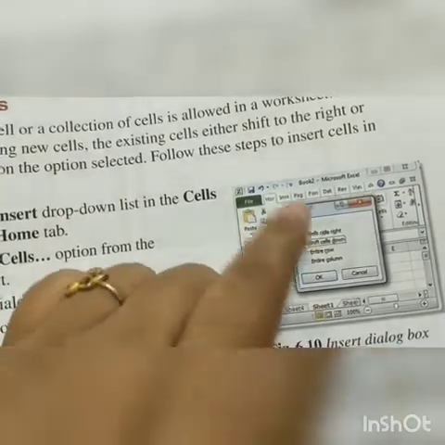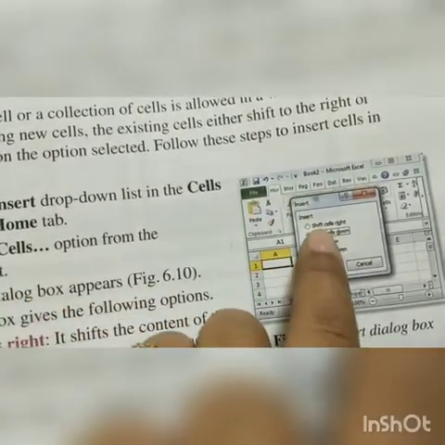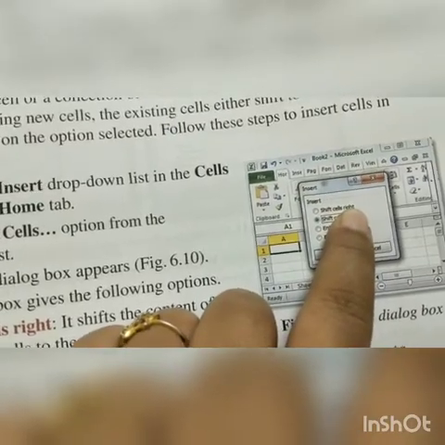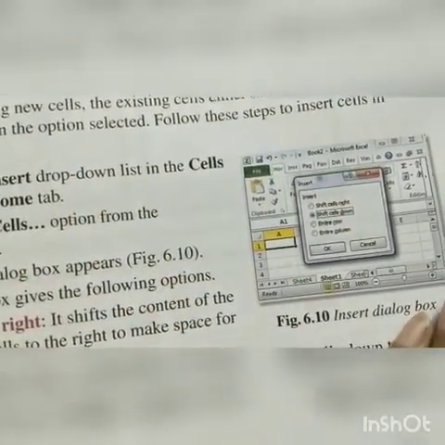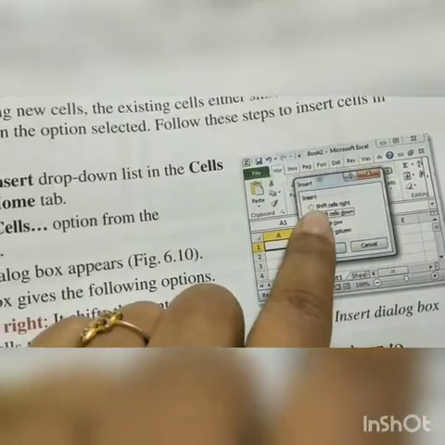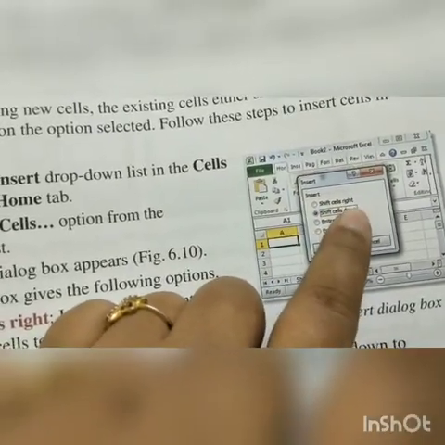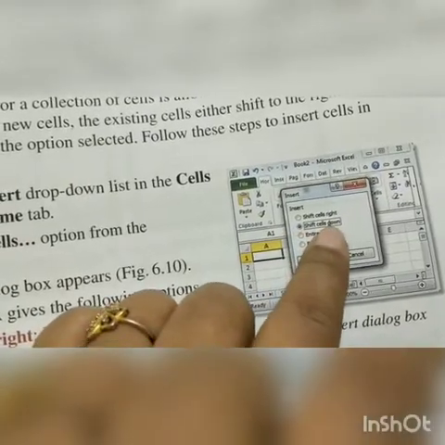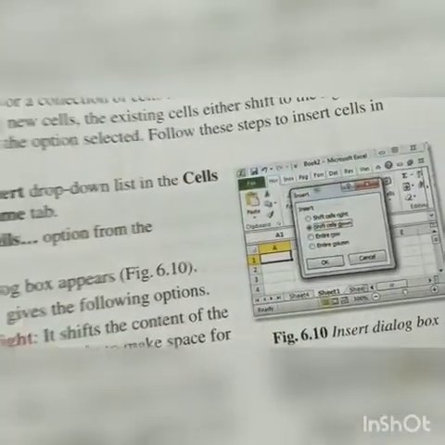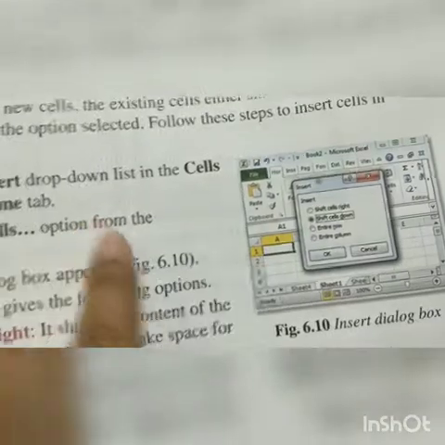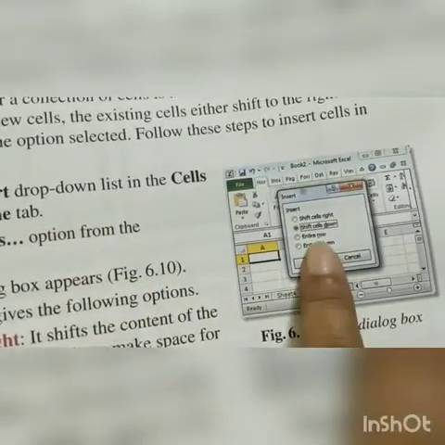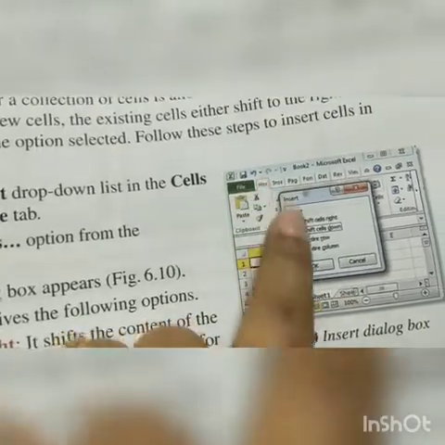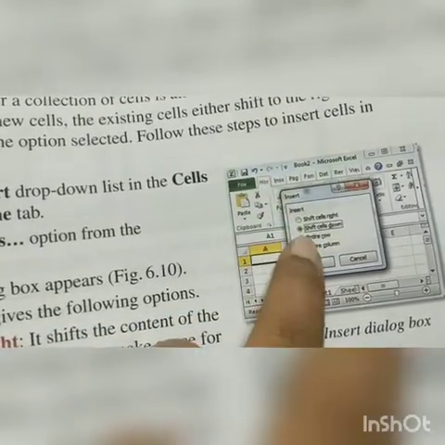Here it is written: Shift cells right, the new cell appears on the right side of the existing cell; Shift cells down; Entire row, which inserts the rows you want; Entire column, which inserts the columns you want. Select any one option, whichever you want.